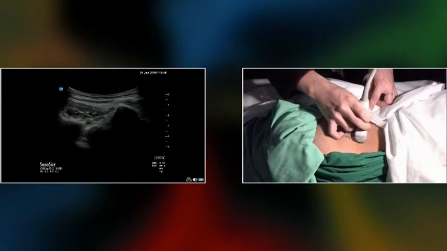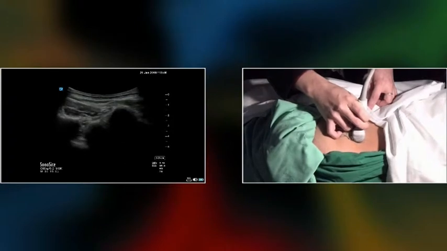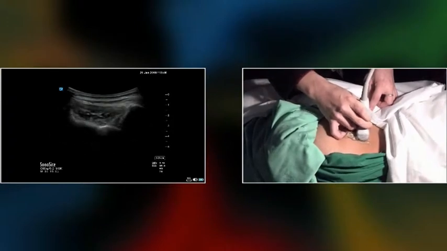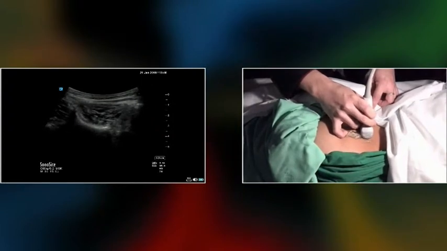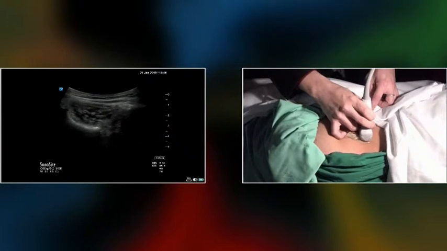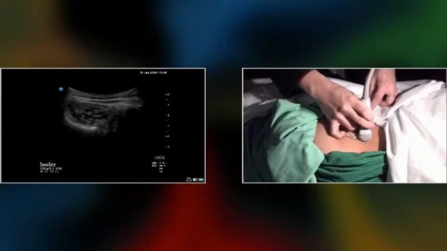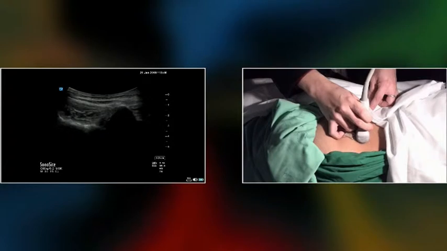So here is the PSIS already. And if you see the junction here, probably you can do an upper part of the SI joint injection in this area, but the thing is, I don't do the injection in the upper part of the SI joint.